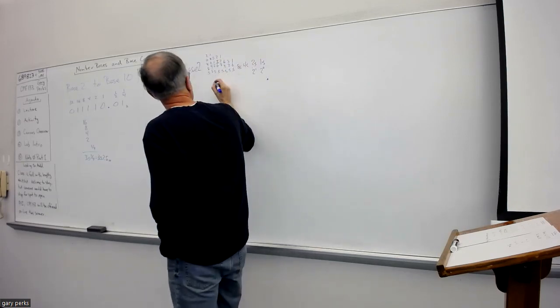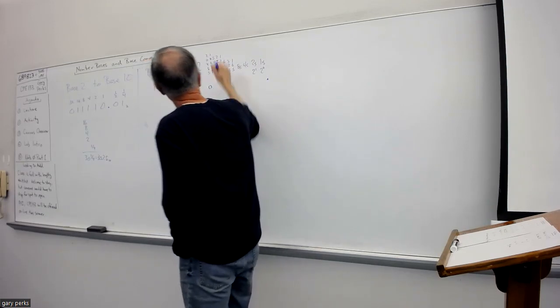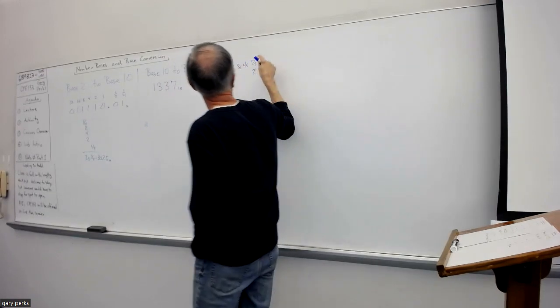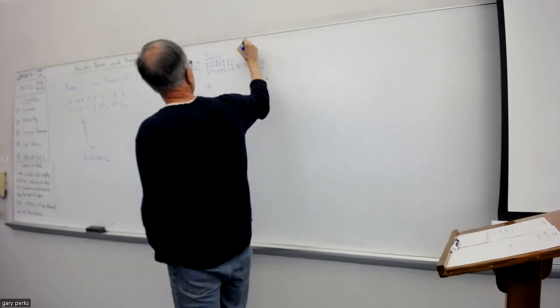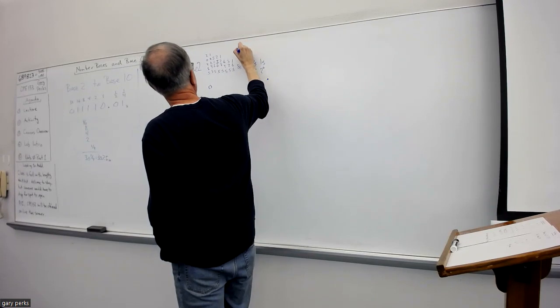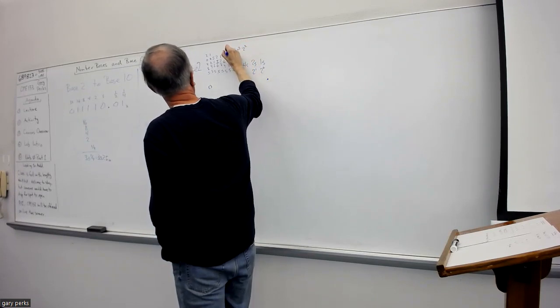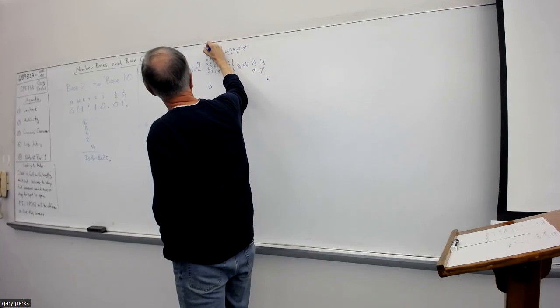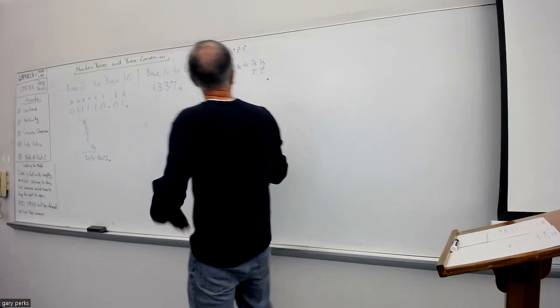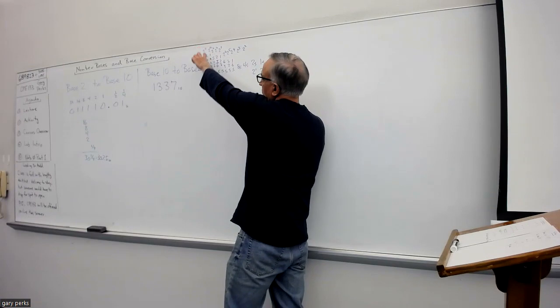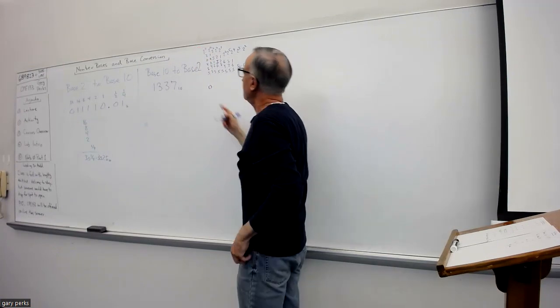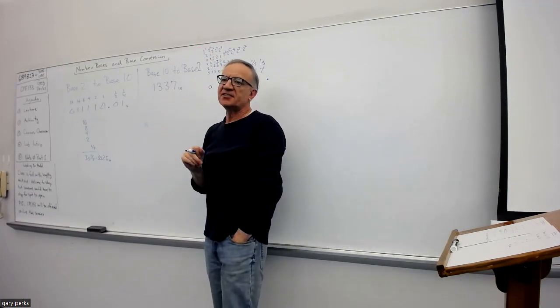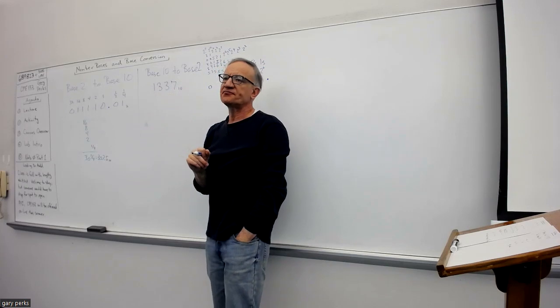This is 2 to the 2, 2 to the 3, 2 to the 4, 2 to the 5, 2 to the 6, 2 to the 7, 2 to the 8, 2 to the 9, 2 to the 10, 2 to the 11. When I get to the 2 to the 11th bit, I know that's going to be 0 because there's no 2048 in 1337.